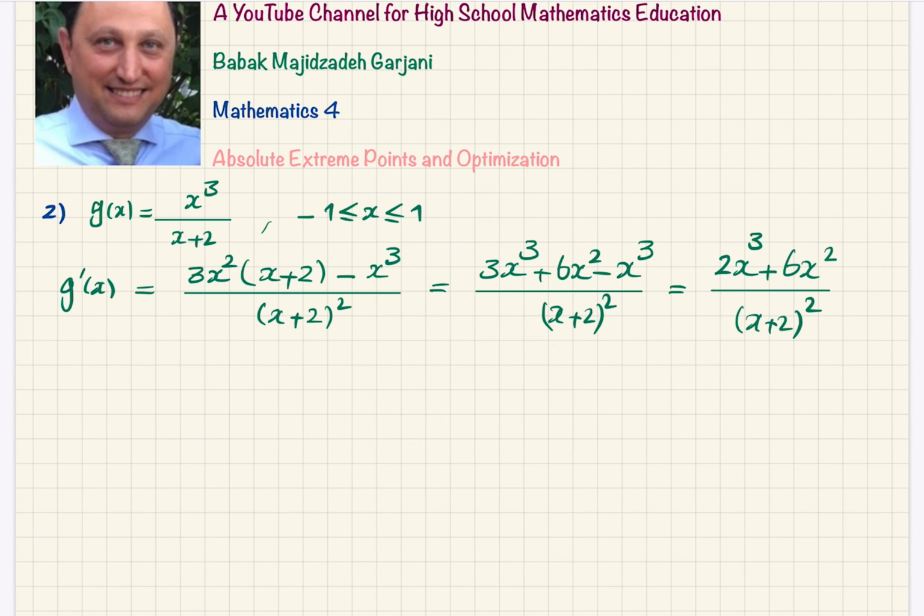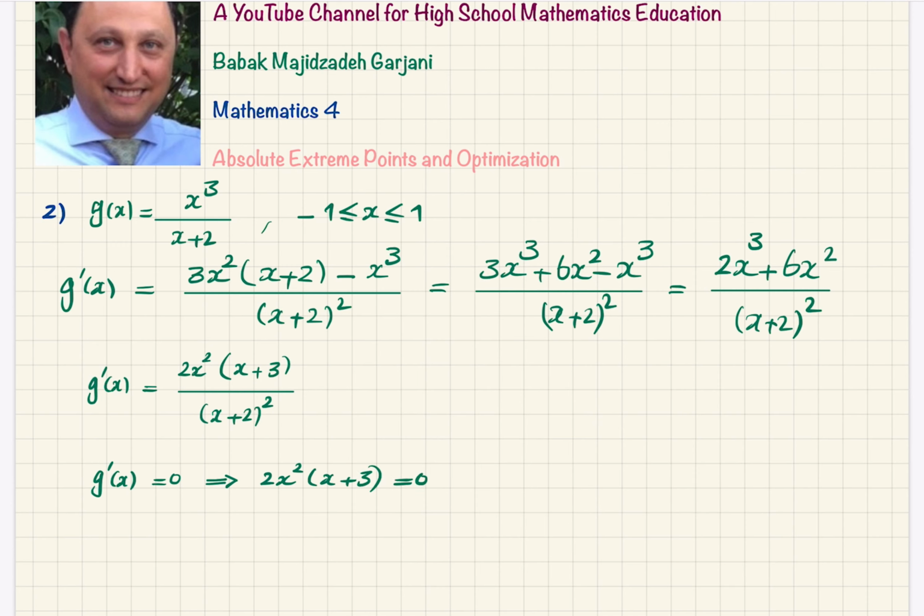Okay, so this is my derivative, and if you don't mind, let me simplify the derivative a little bit. So g prime of x is equal, I can factor a 2x squared out in the numerator, so I will be left with x plus 3, yes, divided by x plus 2 squared. Okay, and then what happens? I put the derivative equal to 0. You know that if the fraction is supposed to be equal to 0, it means that its numerator should be equal to 0.